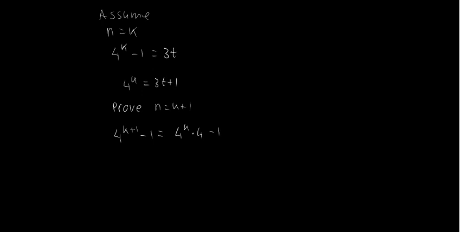Now we know what 4 to the power k is, so we substitute 3t plus 1, all this times 4 minus 1, which will then give us, if we multiply through, 3 times 4 times t, then plus 4 minus 1, which gives 3 times 4t plus 3 there, right?